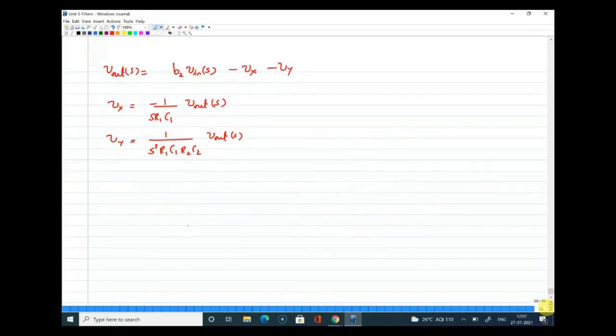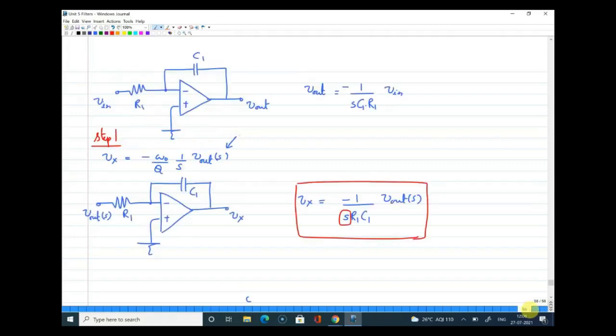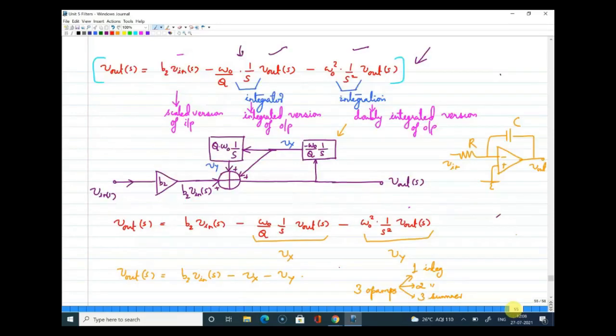Now what I need is, so one minus sign, if you look at Vx, yes, directly I have this minus sign. That means that I need to retain that, right? But if you look at Vy, a minus sign is there, but is that really required? Can we look at the block level thing? So Vx, a minus sign is coming in, but in Vy, that minus sign is actually retaining, but that is not really required.